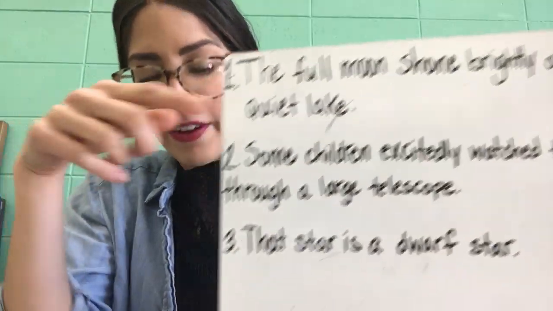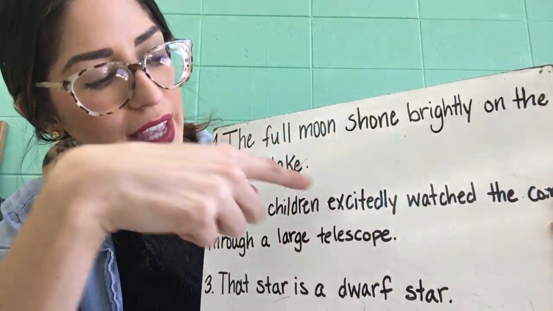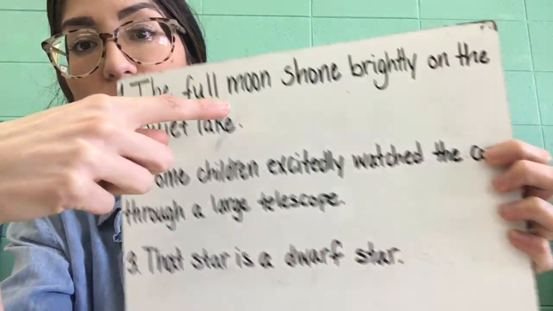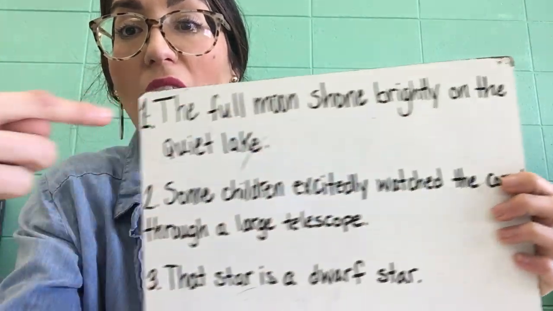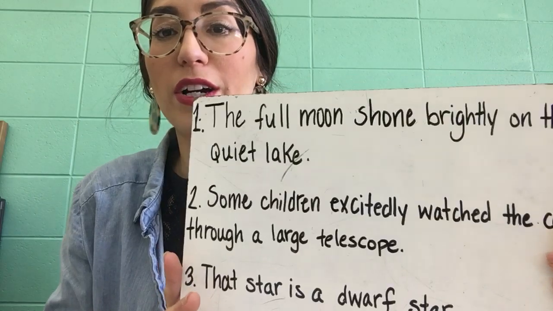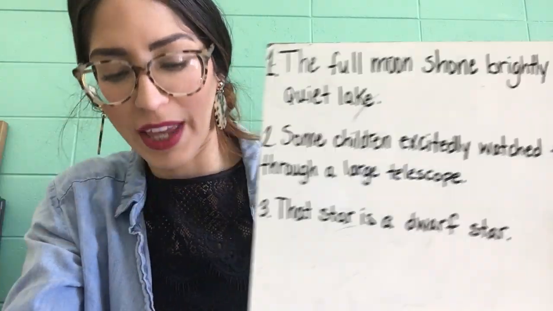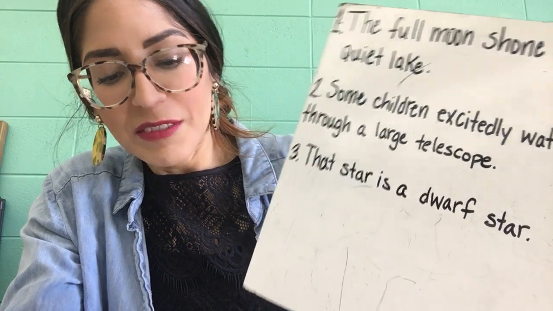So let's go ahead and read sentence number 1. It says, the full moon shone brightly on the quiet lake, okay? So the full moon shone brightly on the quiet lake.